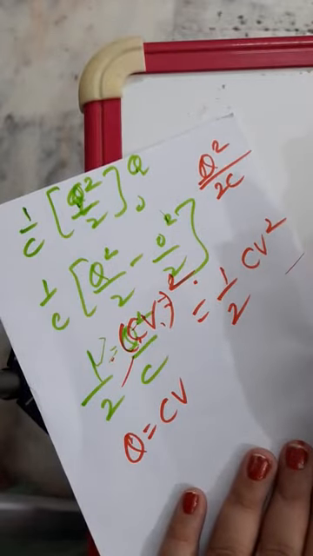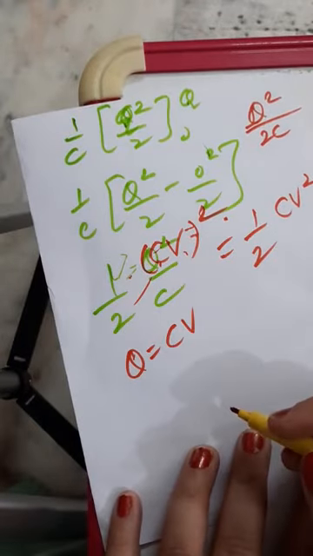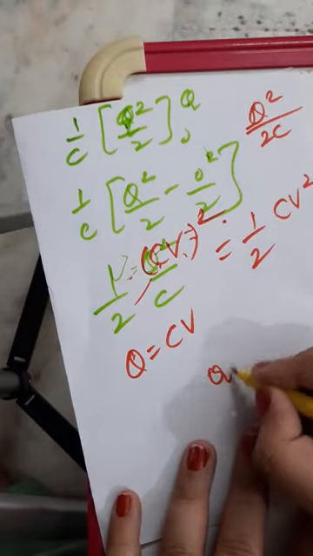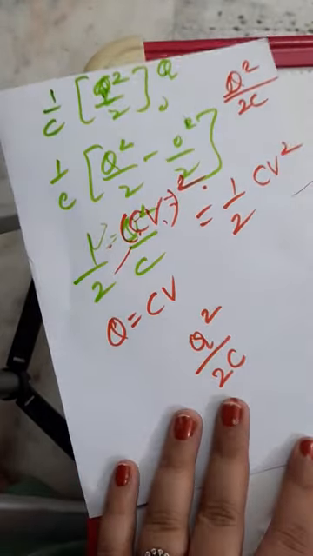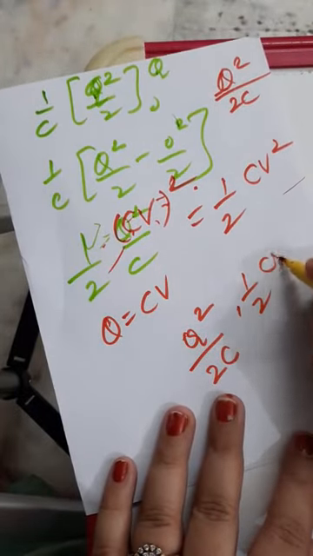Now there is a third expression also. We got Q square upon 2C as our result, and the other result was half CV square.